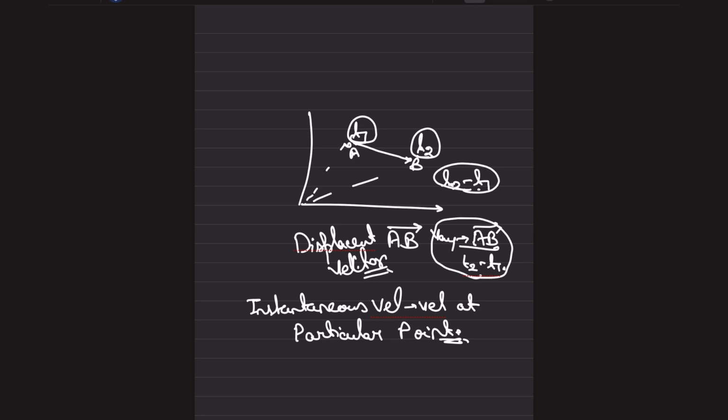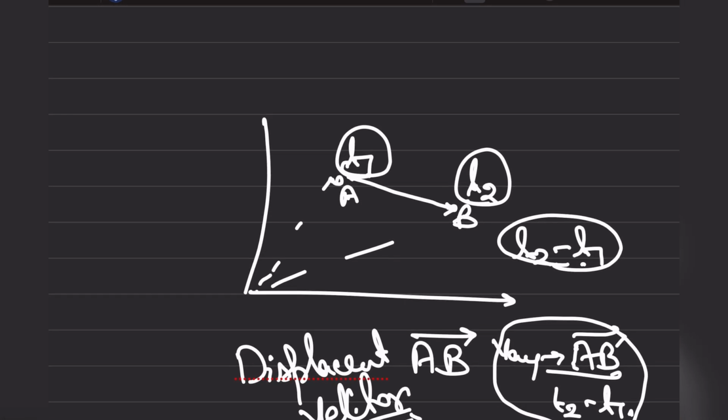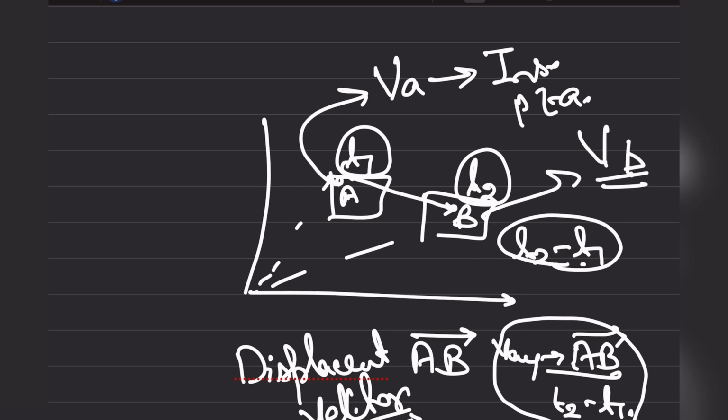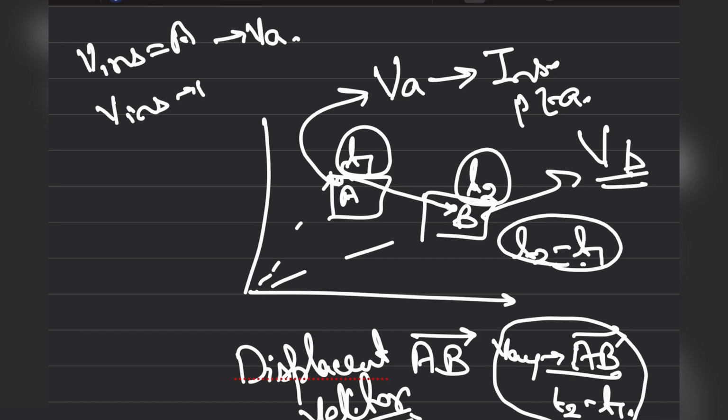Suppose that this is point A and this is point B, so the velocity at point A will be the instantaneous velocity at point A, and VB will be the instantaneous velocity at point B. So the instantaneous velocity at A is VA and at B is VB.